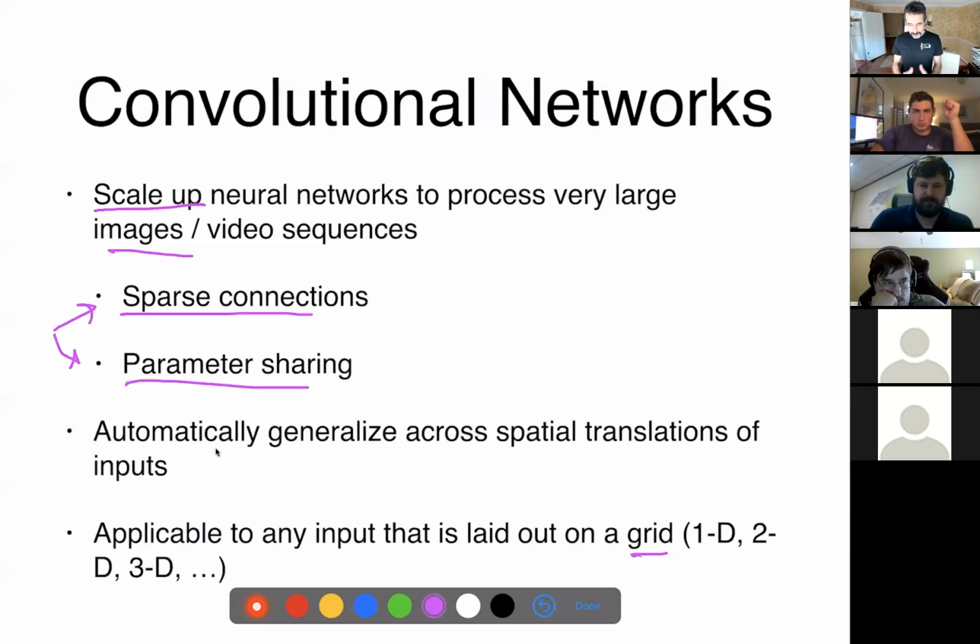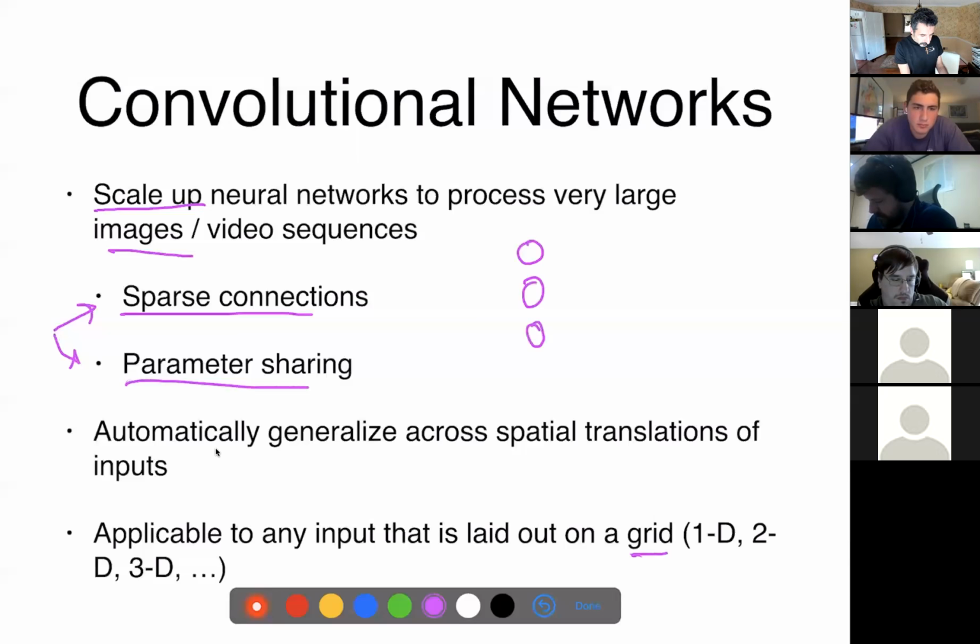At the abstract level, sparse connection means that, in contrast to the fully connected deep neural network, as we discussed, you remember that each input is connected to all other units in the network. So you remember that we had input here and we had output.